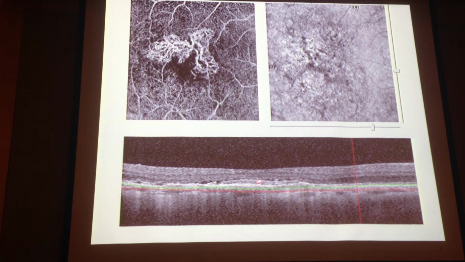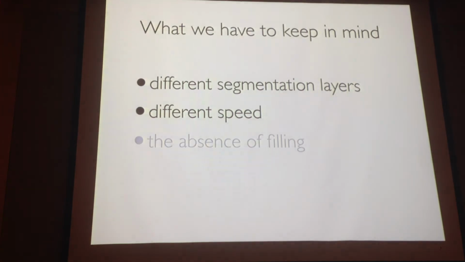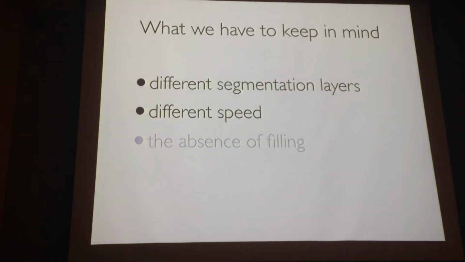And most of the time, the best image is the one that you get from the projection artifact or projection effect. So don't stay at one position. Just move, and you will probably get a better image from different slabs.